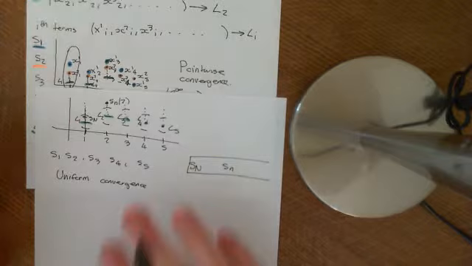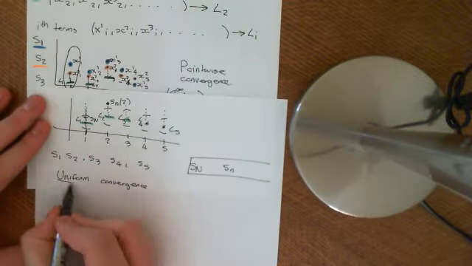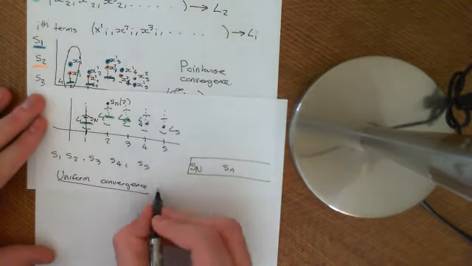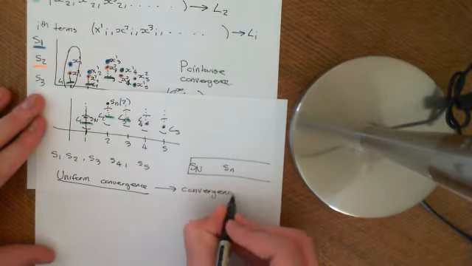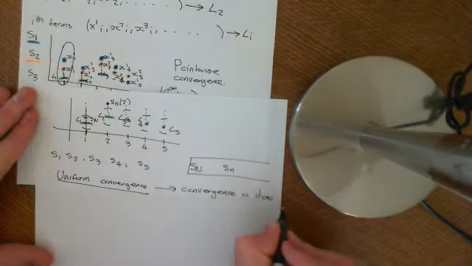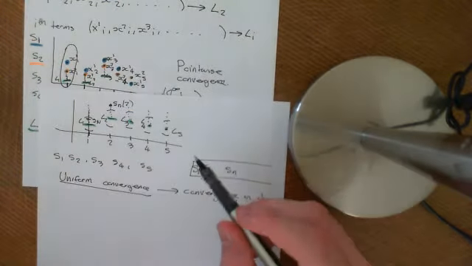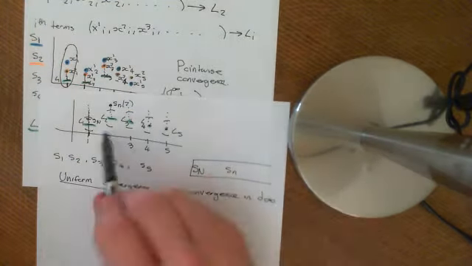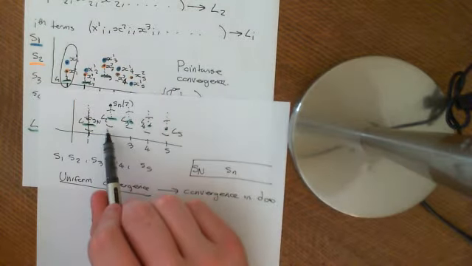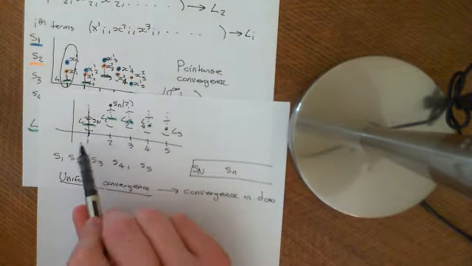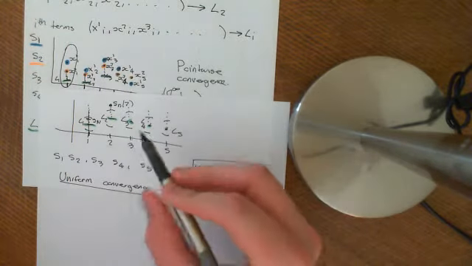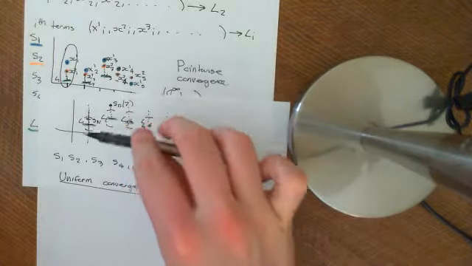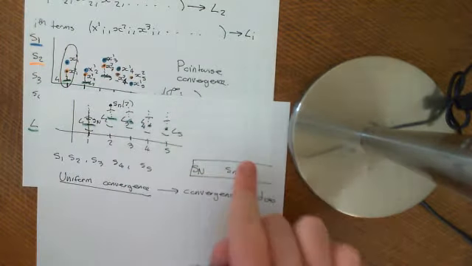And the reason this uniform convergence corresponds to convergence of the sequence in the D infinity metric space. Convergence in D infinity. So if you have a sequence of sequences which converges in D infinity, it means that if we think of all the sequences as being functions mapping the natural numbers onto the real or complex numbers, then that sequence of functions is converging uniformly in this way that I've drawn here.